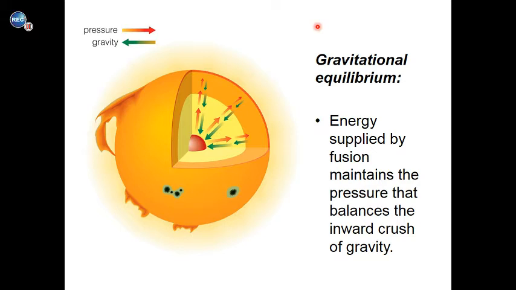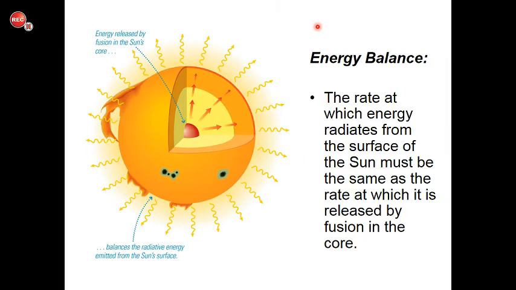And for planets like Jupiter and larger, that ends up being degeneracy pressure, which we talked about in the previous chapter. But for the sun, the contraction stops when nuclear fusion starts, and that produces energy that creates a pressure outwards. And so there's a balance.